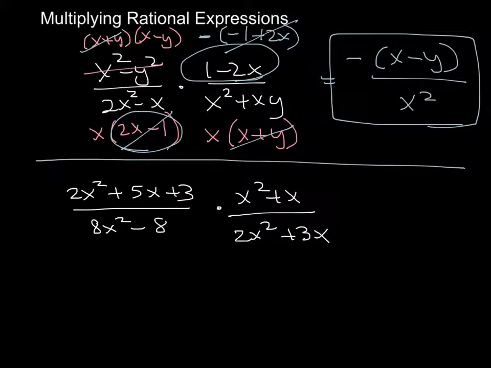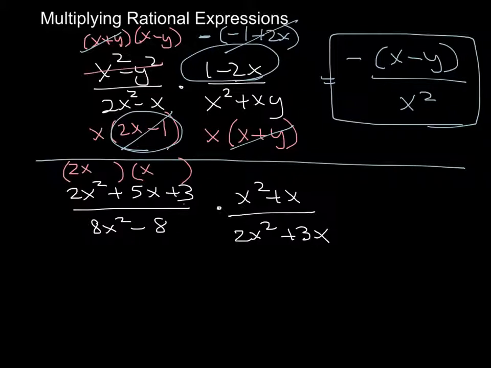Alright, the first thing we need to do is change our sums to products so we can find some ones. That's factoring. So up here in the numerator, some of you are able to go ahead and do the guess and check at this point. Some of you might need the generic rectangle and a diamond. I'm going to do the guess and check. You can use the generic rectangle if you need. Well, I know 2x times x is 2x squared.